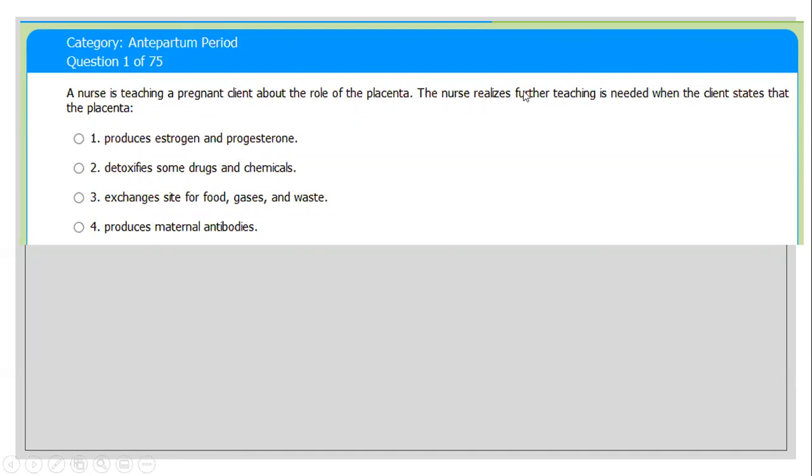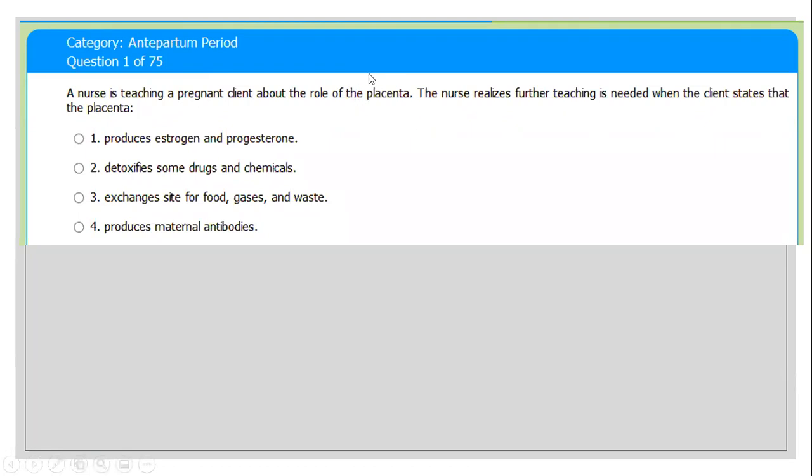The nurse realizes further teaching is needed when the client states that the placenta is... So the client is saying something wrong about the placenta, so we need to correct it. Out of 4 options, which one is wrong?